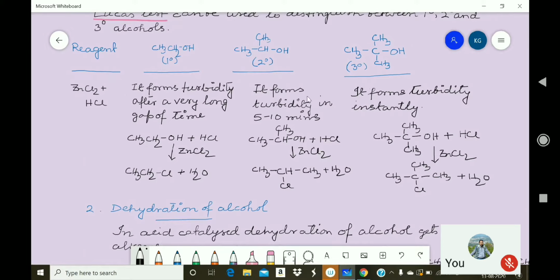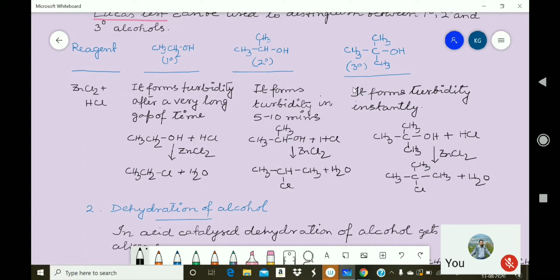For 2-degree alcohol, it is found that between 5 to 10 minutes, the turbidity is formed due to formation of the alkyl chloride. Here, isopropyl alcohol to isopropyl chloride gives rise to the turbidity in a little faster time than 1 degree alcohol.